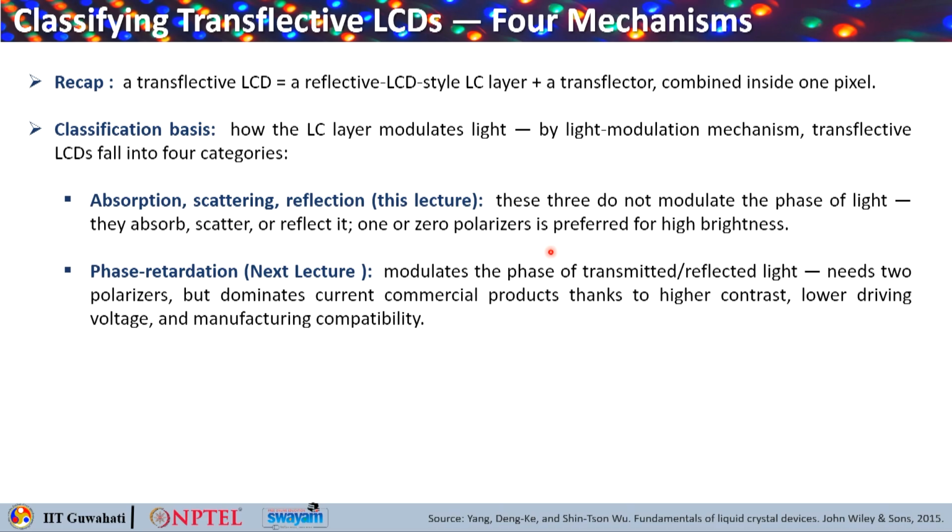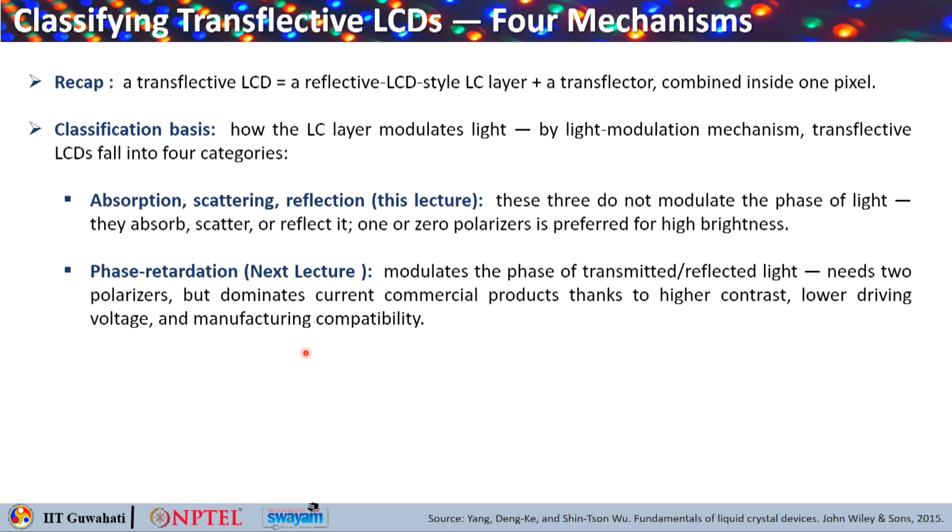So these 3 do not basically modulate the phase of light. As you can understand, these are basically on the amplitude, right? So they absorb, scatter or reflect light, and in this case 1 or 0 polarizers is preferred for getting high brightness. And the 4th category is based on phase retardation, which we will be covering in the next lecture.